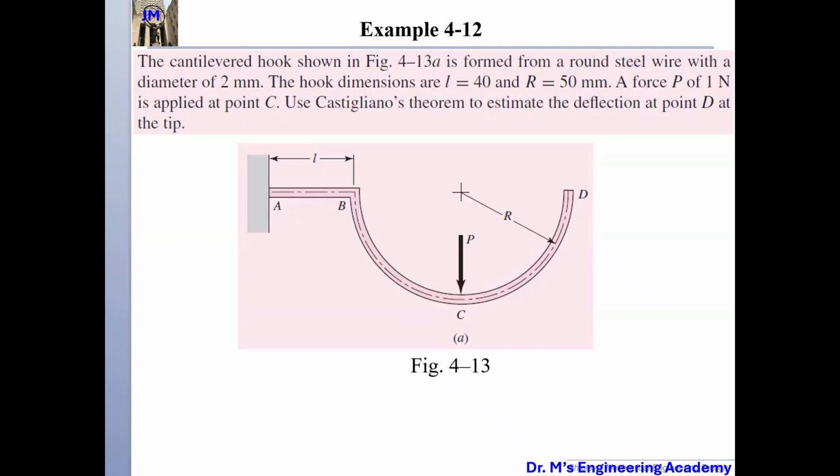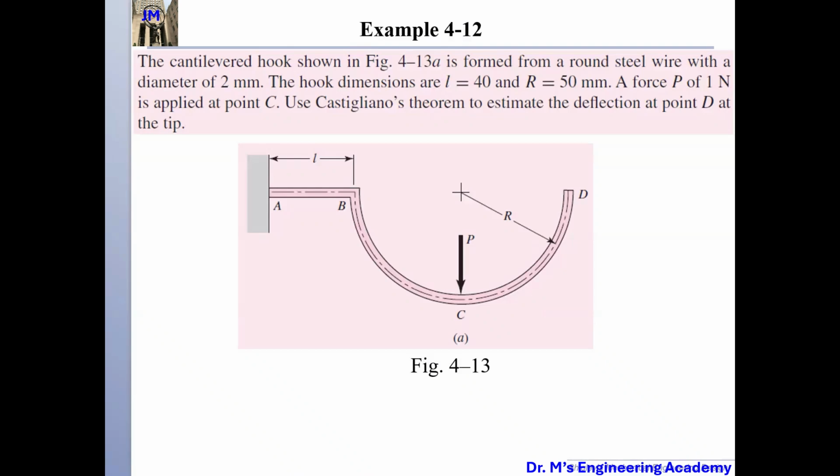So we have U, and delta equals dU/dF. We have 3 segments: segment 1, segment 2, and segment 3.